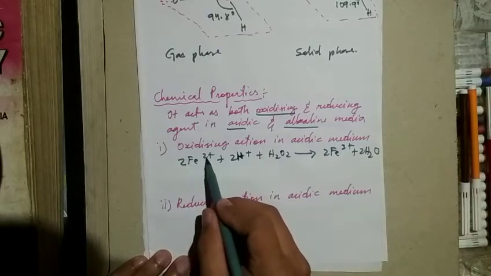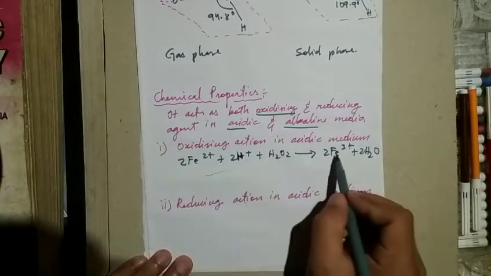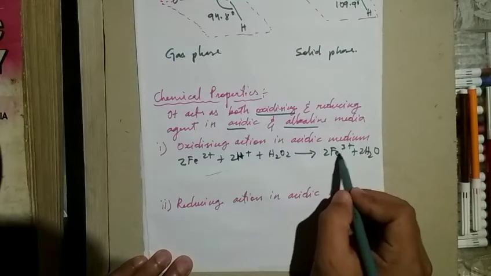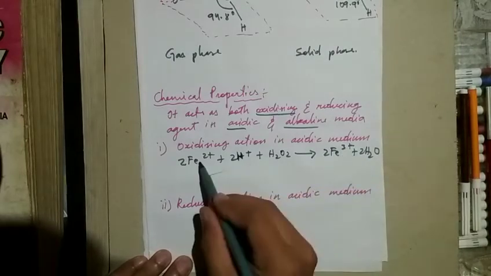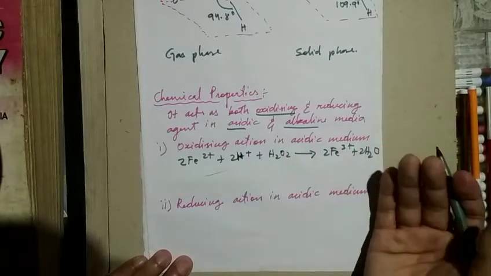Iron is in the +2 oxidation state, and after oxidation it becomes +3. So from +2 to +3, that means iron is oxidized.